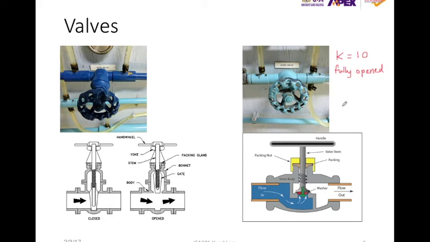For the gate valve, if it is fully open, K equals 0.2, and if the gate valve is half open, K equals 0.56.